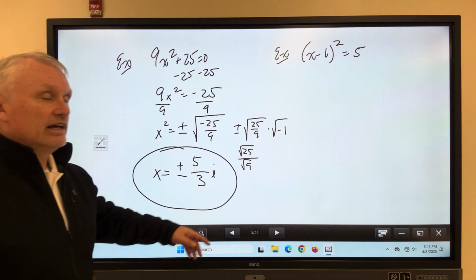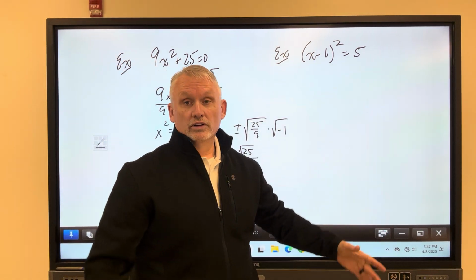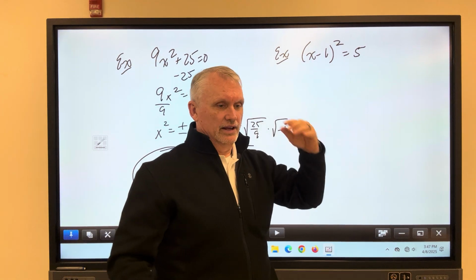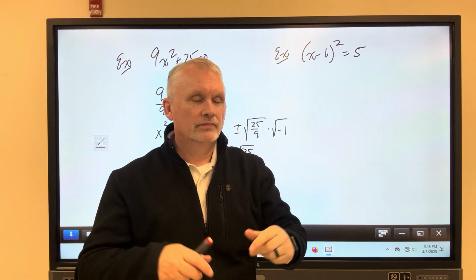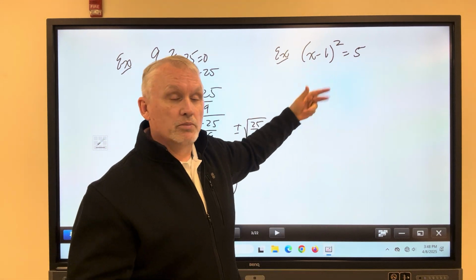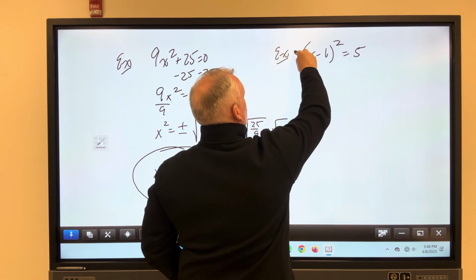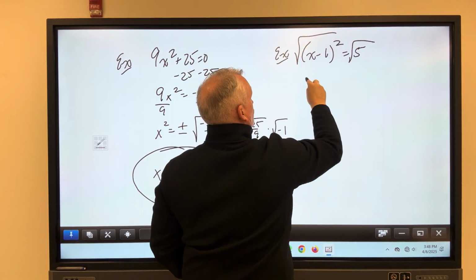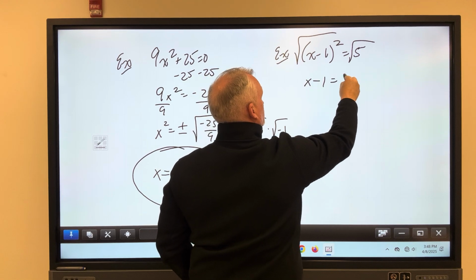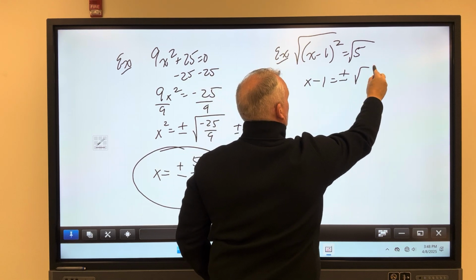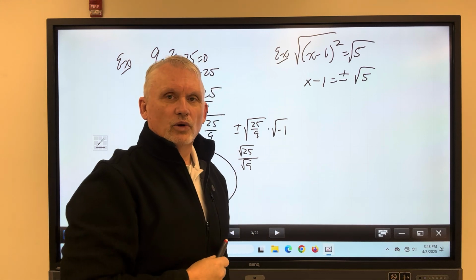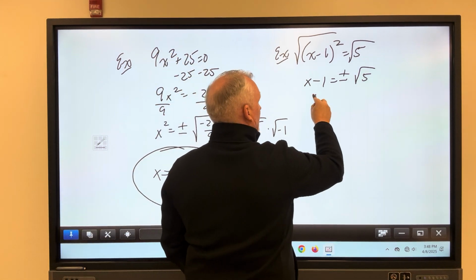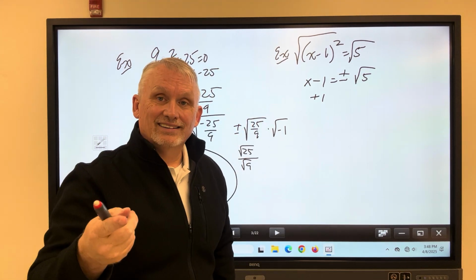What if you have something that looks like this? Well, now, if you have something that's squared, you've got to get rid of it. How do I get rid of it? Well, I do the square root on each side. That takes care of the squared, so I'm left with x minus 1 is equal to plus or minus the square root of 5. I cannot simplify the square root of 5. So just add 1 because I'm solving for x.